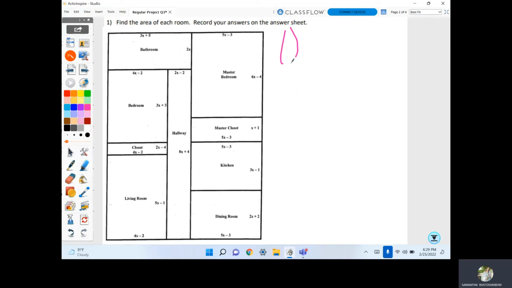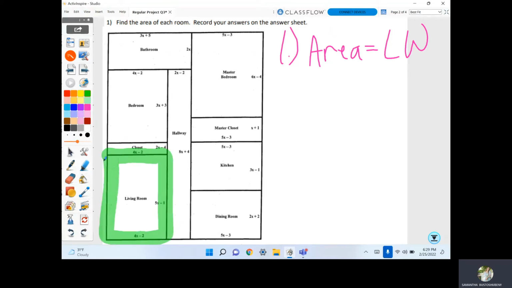1A, the area formula is length times width. Let's see, the living room is what we're going to be looking at first. So that's right over here. Now, as you can see, my length is 5x minus 1.